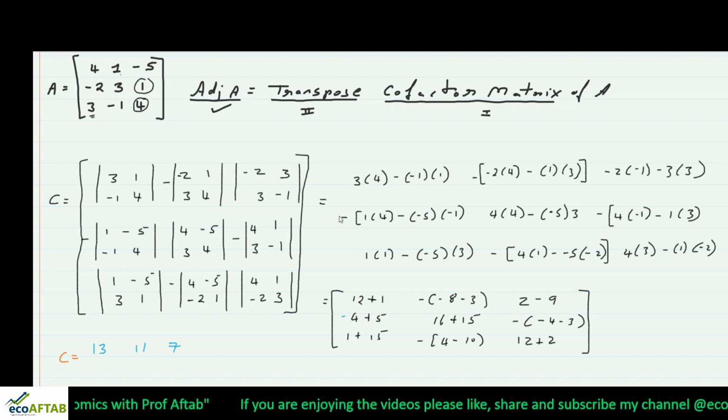So you can see this is minus over here. So minus 4 plus 1 is 1.